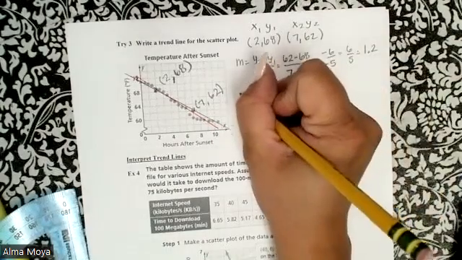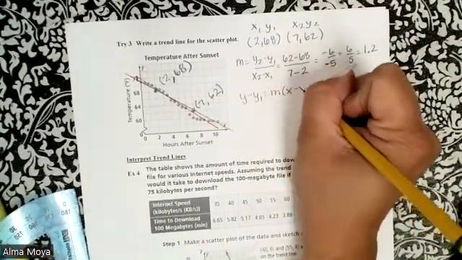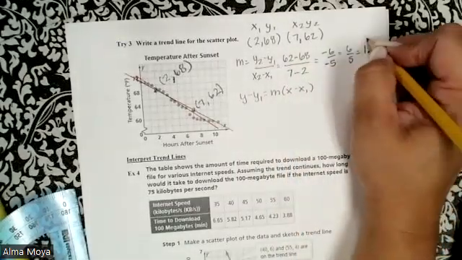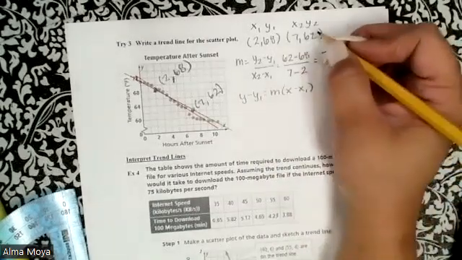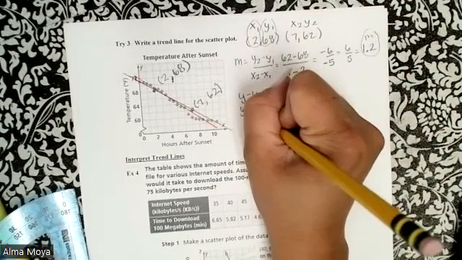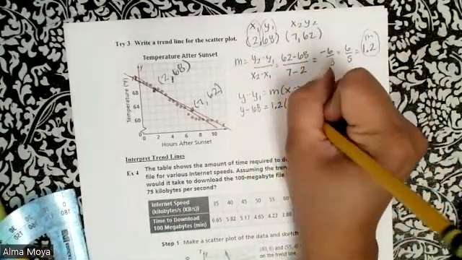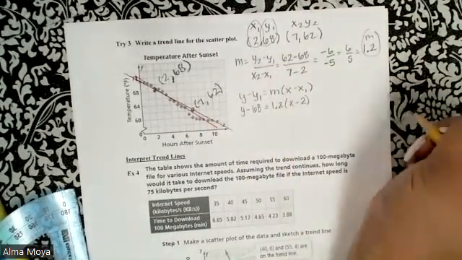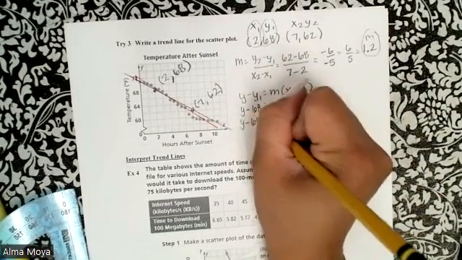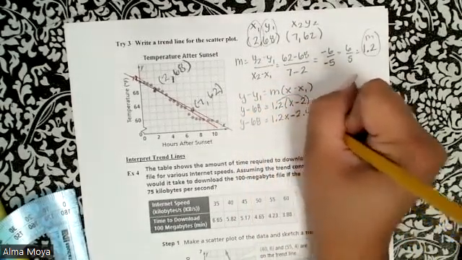Now I'm going to use my point slope form: y minus y1 equals m times x minus x1. This is your m value, and I'll use this x and this y. So I have y minus 68 equals m, which is 1.2, times x minus 2. I'm going to distribute here. So this is y minus 68 equals 1.2x minus 2.4.